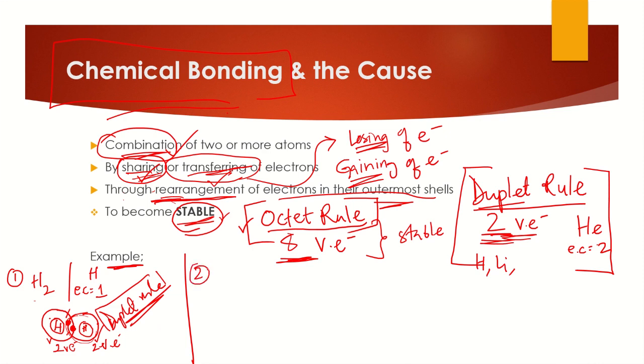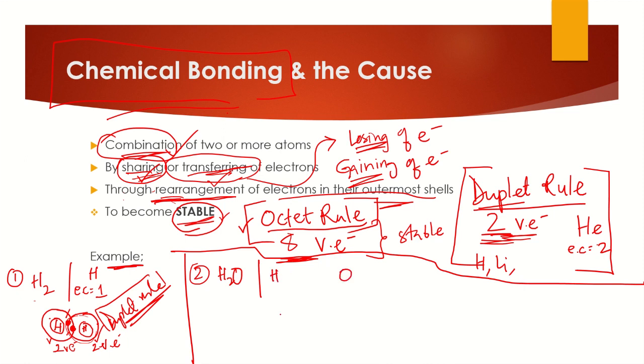Now the second example we'll look at is the water molecule. Here we have 2 elements, hydrogen and oxygen. We know hydrogen's atomic number is 1, and oxygen's atomic number is 8.